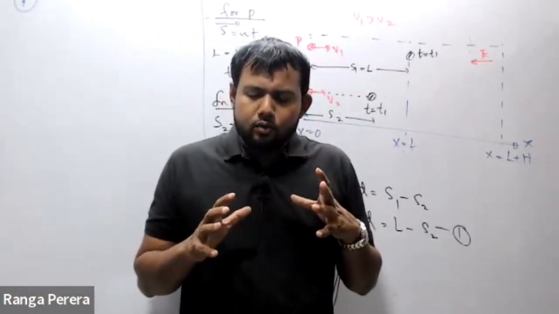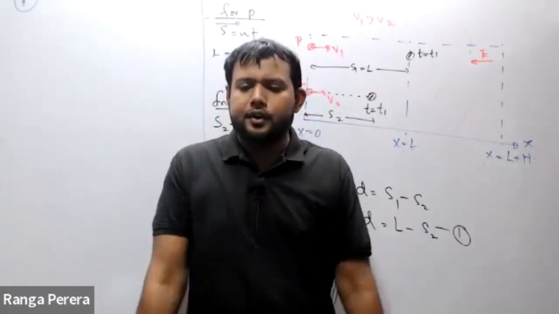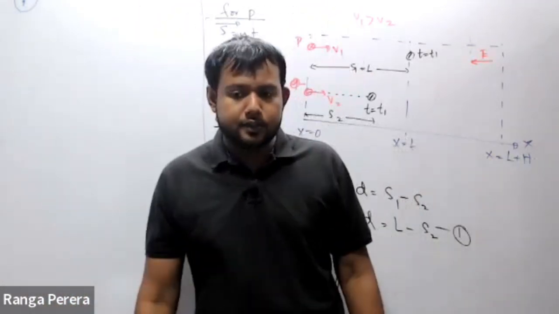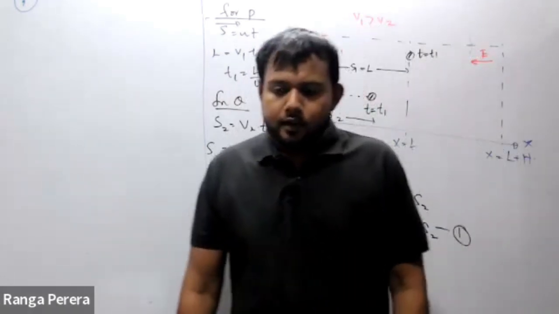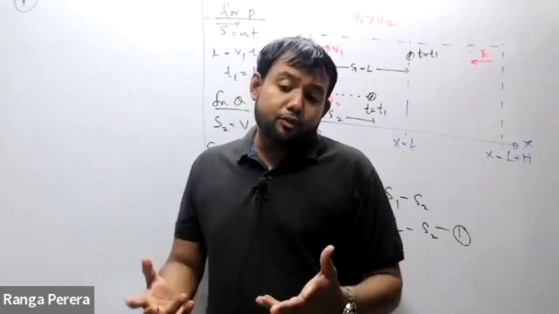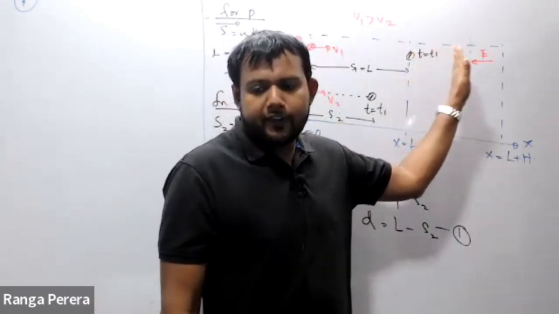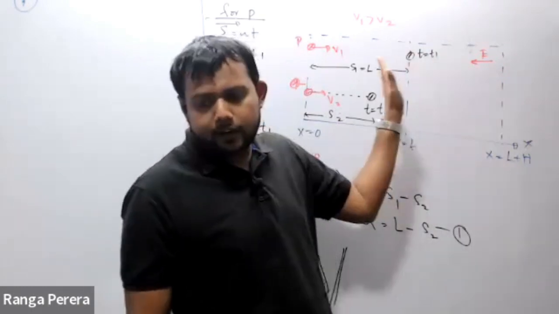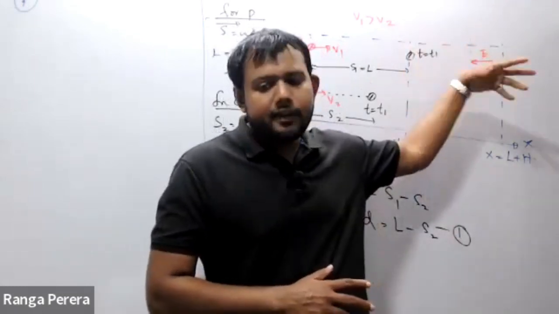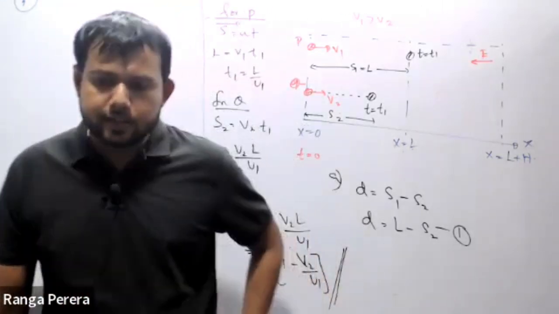Which particle do we find more difficult to stop at a certain distance? Because we know how the motion takes place: it goes from here, the momentum comes to rest, then it turns back and travels with an acceleration. Compare P and Q.